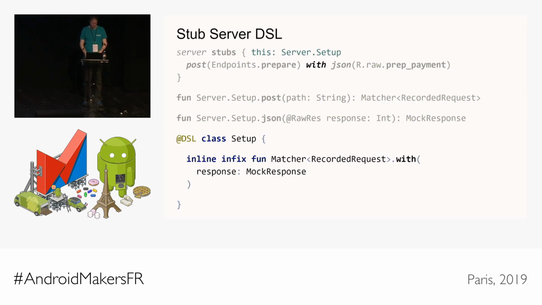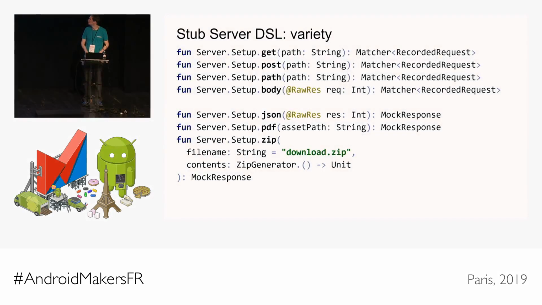And this is quite extensible. We can write matchers and response creators any way we want. So just as examples, we can do get, post, we can validate the path, we can check what the request body is, and because these are Hamcrest matchers, we can also use the combinators from Hamcrest, like allOf, anyOf, both, either, to build more complex matchers.